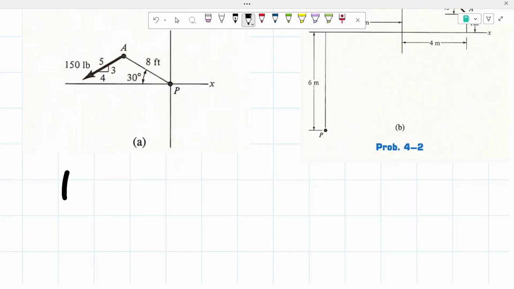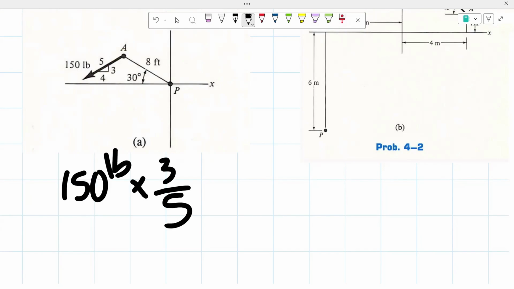So 150 times 3 over 5 gives us a total of 90 pounds. So we know that the vertical force is 90 pounds.